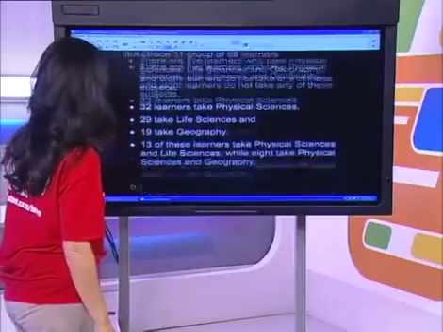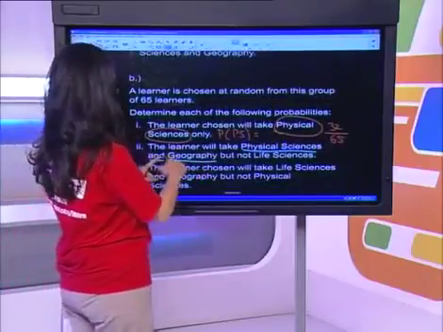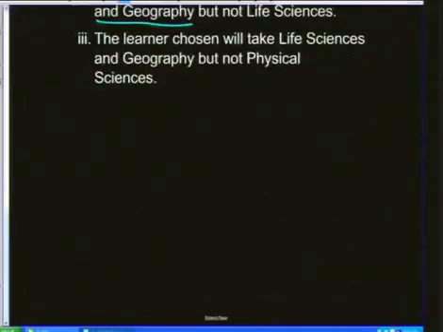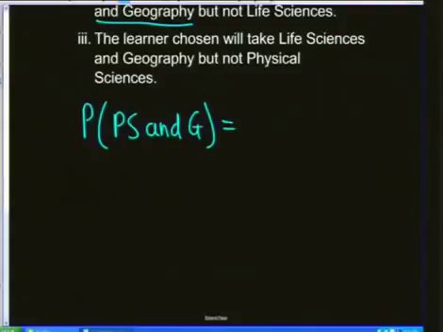So the probability of physical science and geography would be, okay, probability of physical science and geography. We found that there were only 3 students out of a possible 65. So the probability is 3 in 65.